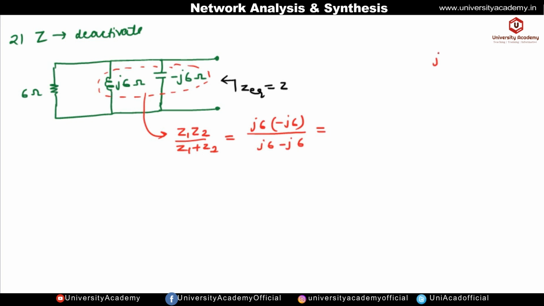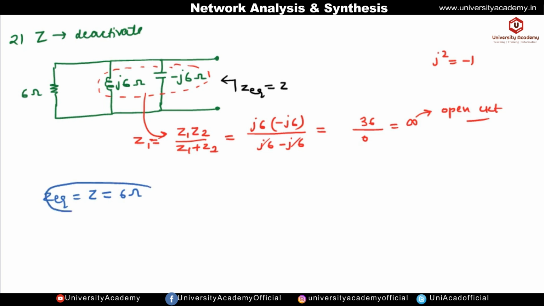As we know that J square is minus 1, it will become 36 by 0, because it gets cancelled out, so it means infinity. So the impedance for this branch, suppose Z1, we are getting infinity. If the impedance is infinity, it means both these branches will become open circuit. So Z equivalent, which will give the value of Z, we are getting as 6 ohm.